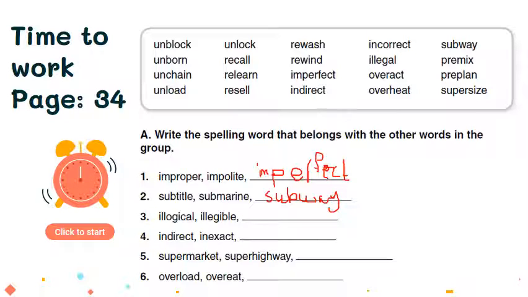Illogical, illegible. Okay, something illogical and illegible, it is illegal. Indirect, inexact, it is incorrect.